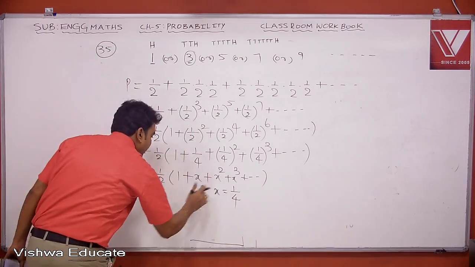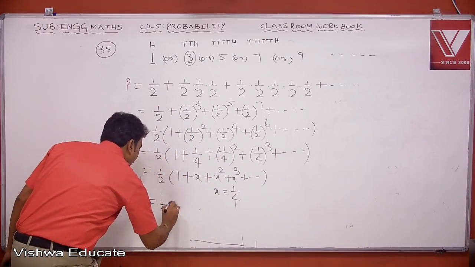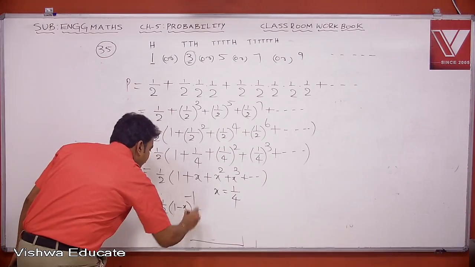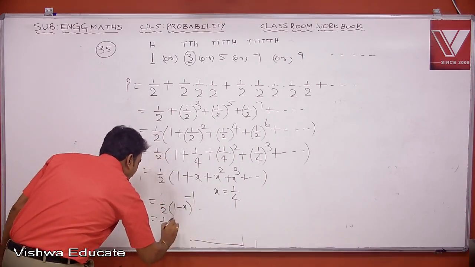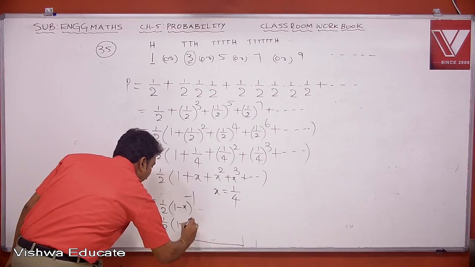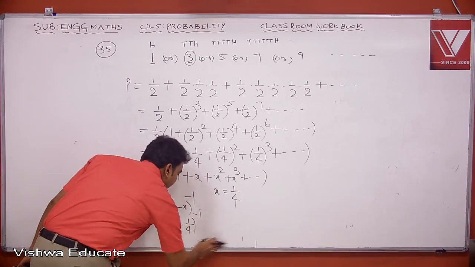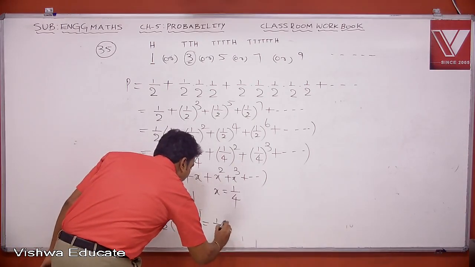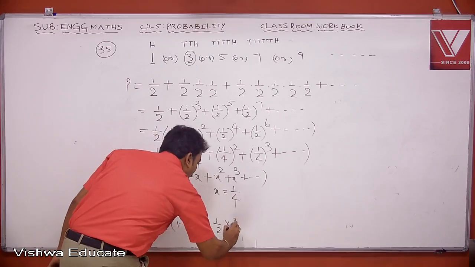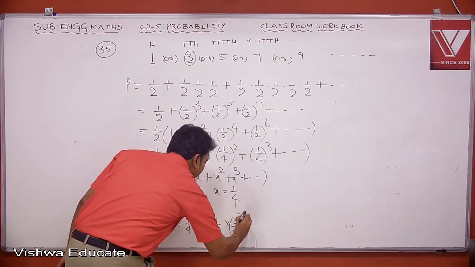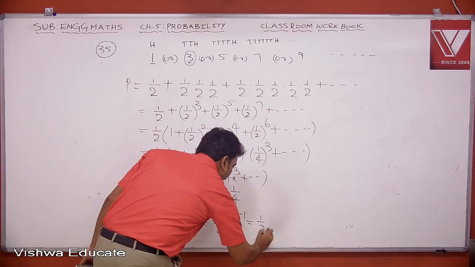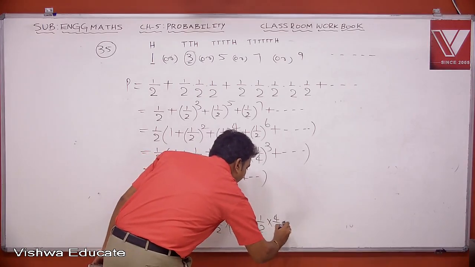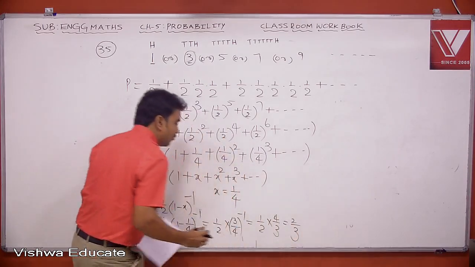Now therefore this is the series expansion of 1 minus x whole inverse. So this is 1 by 2 into 1 minus 1 by 4 whole inverse. So therefore this is 1 by 2 into 3 by 4 whole inverse. So therefore this is 1 by 2 into 4 by 3. Therefore this is 2 by 3.